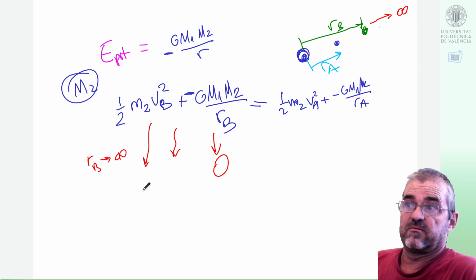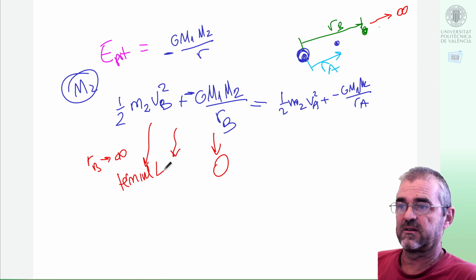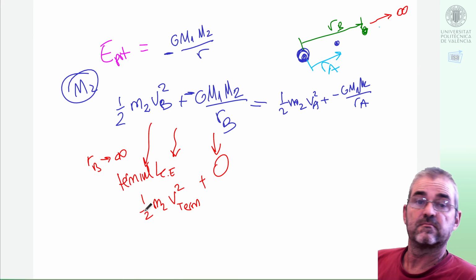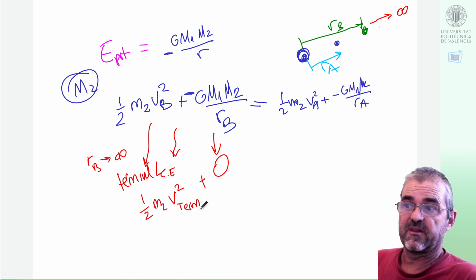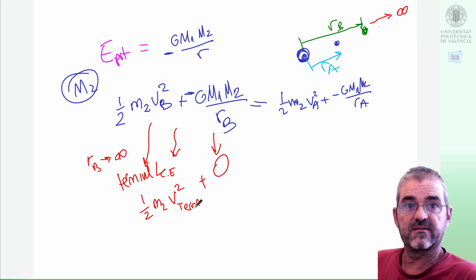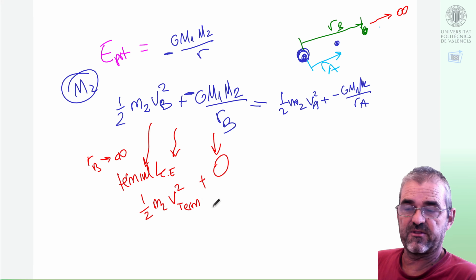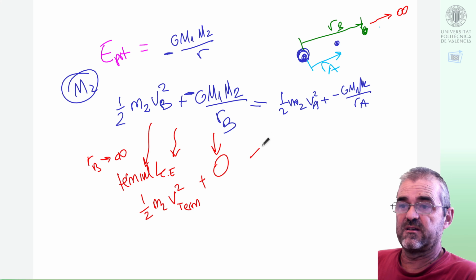And here we will have a terminal kinetic energy, which I will call terminal velocity. It will be the velocity the light body will have when it has escaped the gravitational attraction of the heavy body. When it is very, very, very far away, theoretically at infinite distance, then this will be equal to this thing.